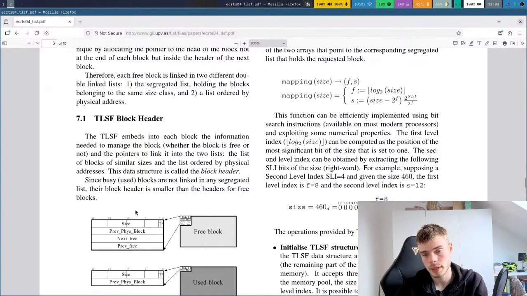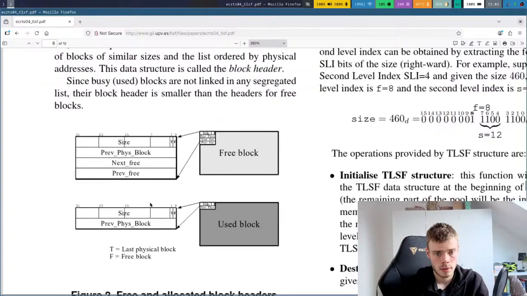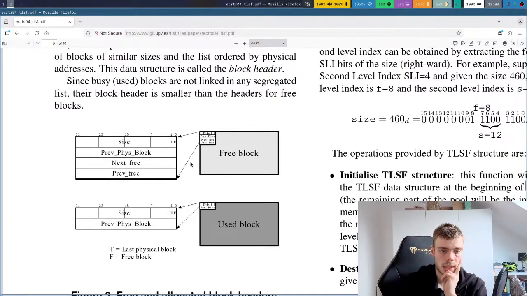Okay, you can see it. So a free block has its size, the previous physical block pointer, 32-bit, then next free and previous free, which are pointers. So we are on 32.